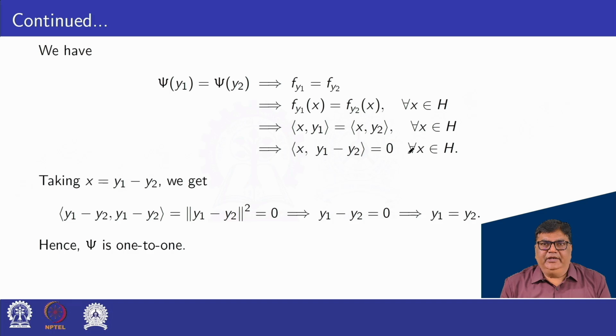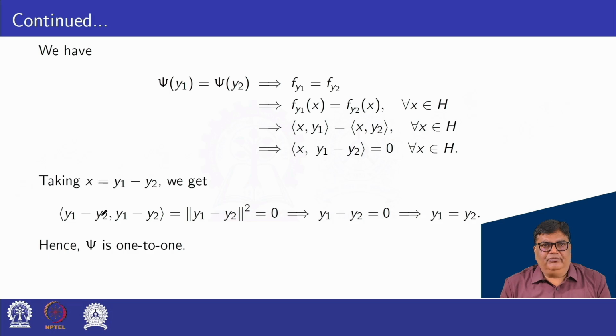For arbitrary x belonging to H, inner product of x and y1 minus y2 is equal to 0. Because x is arbitrary, we can take x is equal to y1 minus y2.